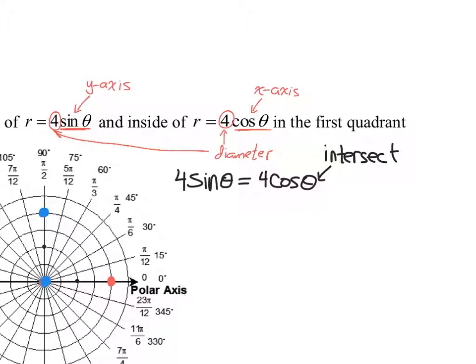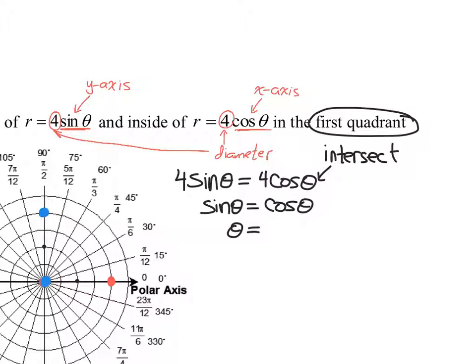All right, 4's cancel, so sine theta equals cosine theta. And there's many instances in the unit circle and beyond where sine and cosine are equal to one another, but there's only one that happens in the first quadrant. The relevant value would be that theta is equal to pi over 4.